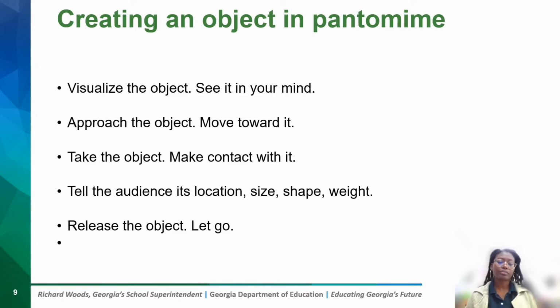So if I want to establish the location, I'm going to make eye contact, so I'm looking at it. I will then hold on to that object, so I'm establishing the shape. The tension in my arm will tell you the weight of my object, and then I can release by using click and letting it go.